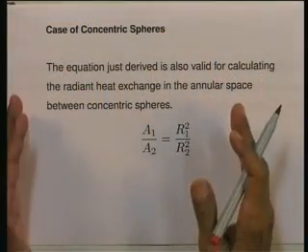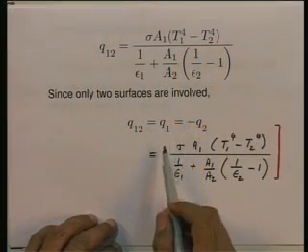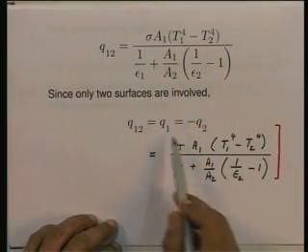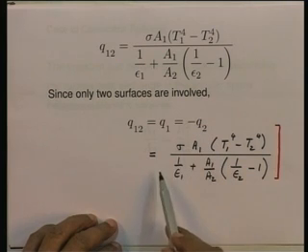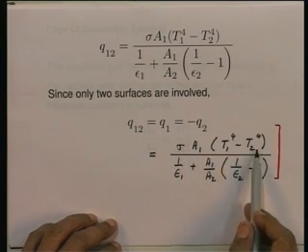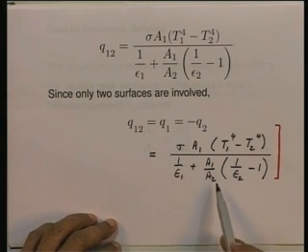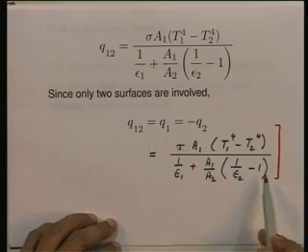So, for the case of concentric spheres, if I want to derive an expression for the radiant heat exchange in the annular space, the expression will still be Q1 equal to minus Q2 equal to sigma A1 into (T1 to the power 4 minus T2 to the power 4) divided by 1 by epsilon 1 plus A1 by A2 into (1 by epsilon 2 minus 1).